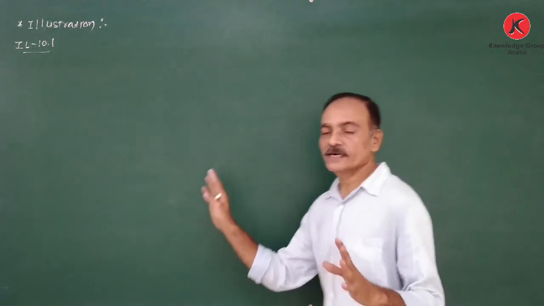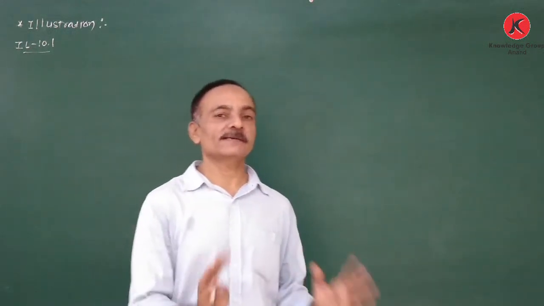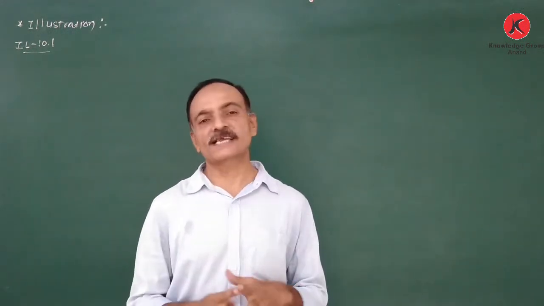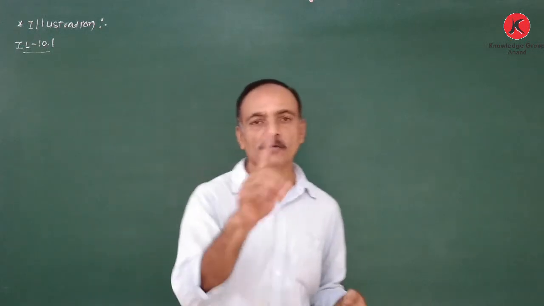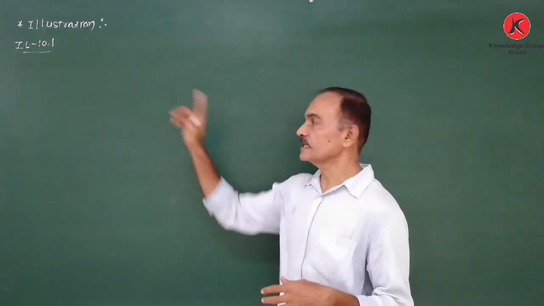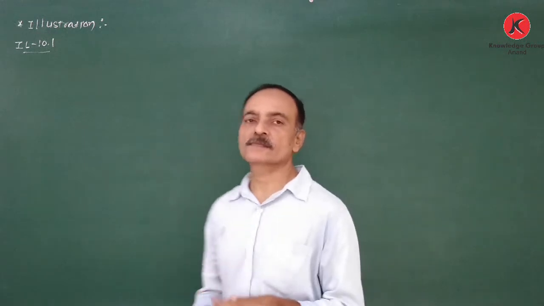Now here the numericals of the exercise depend on interference, the last being 10.7. Now in illustrations, the first is illustration 10.1.